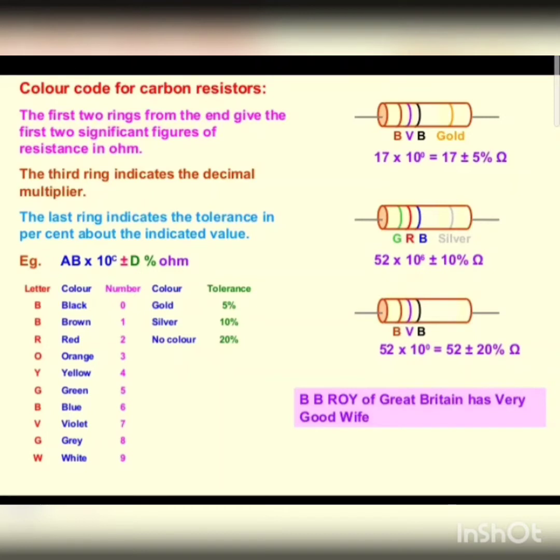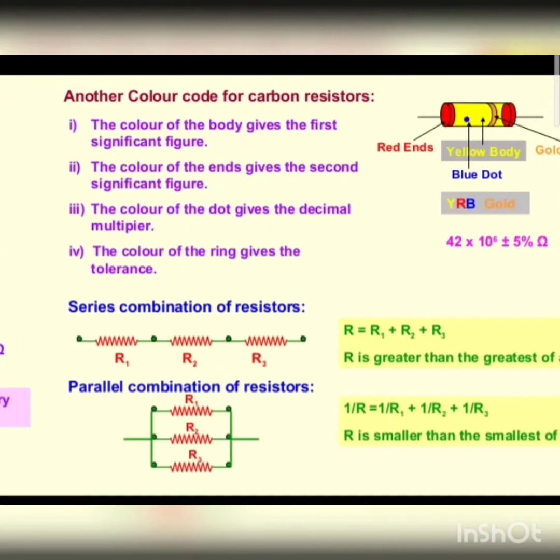The second one represents violet, so violet has 7, giving 17. The third one is black, which is the decimal multiplier, therefore 17 into 10 to the power of 0, which is equal to 17. The tolerance is 5%, therefore plus or minus 5%. It may be asked as a 1 mark question.